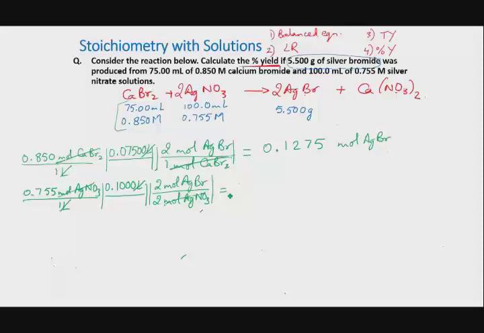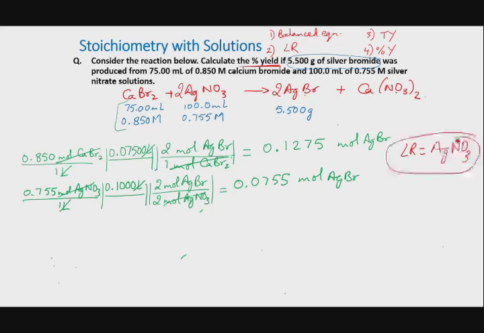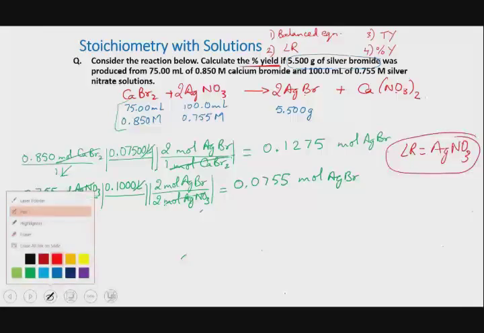That, upon calculation without rounding, gives us 0.0755 moles of silver bromide. If that's the case, the limiting reactant is silver nitrate because it leads to less amount of the product.